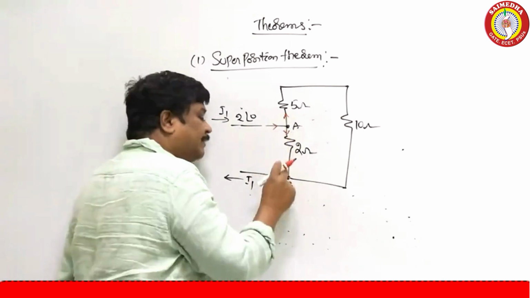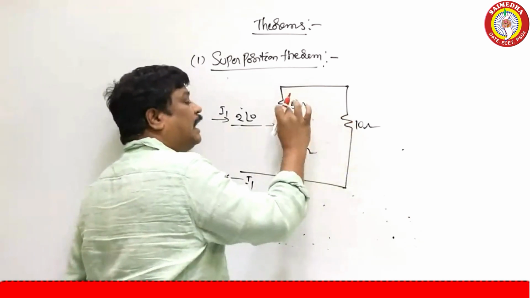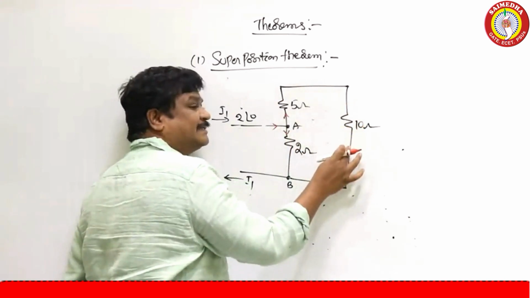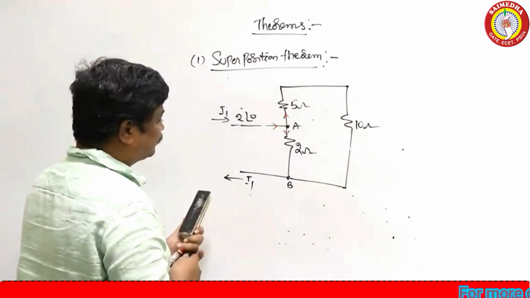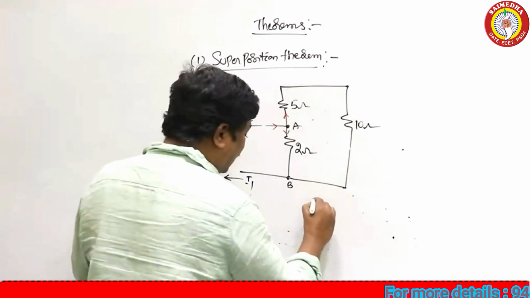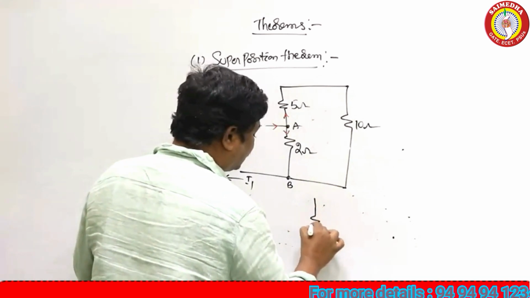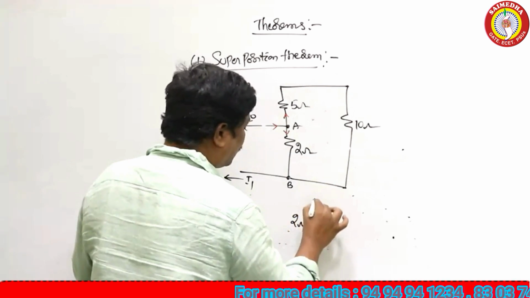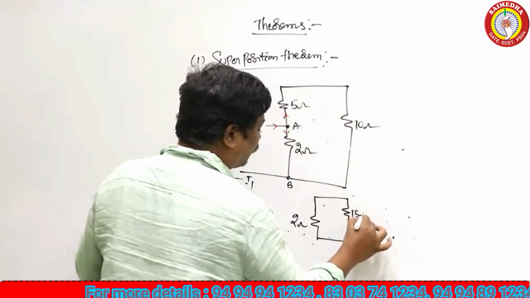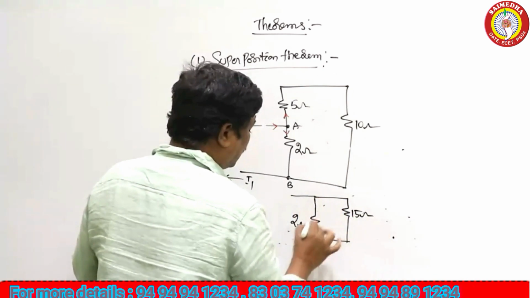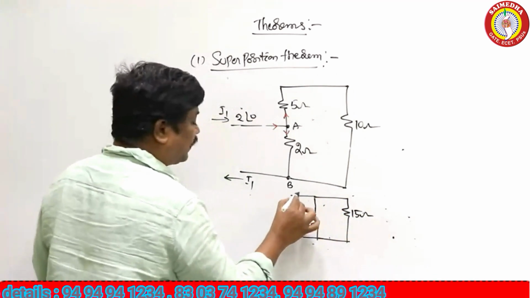One current is coming here, the other current is coming here. These two are in series. So what does our circuit become? This is 2 ohms and this is 15 ohms, and this is 2 amperes.